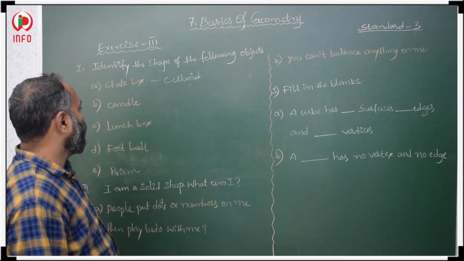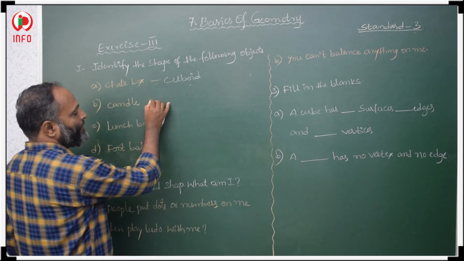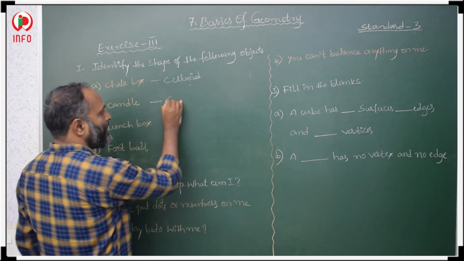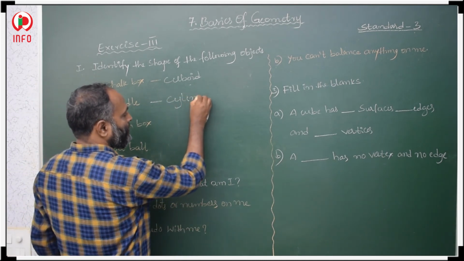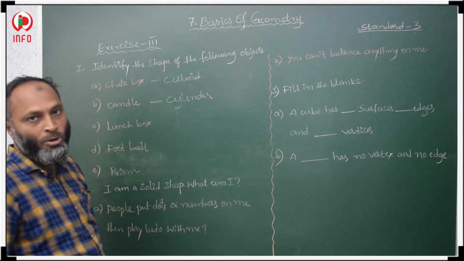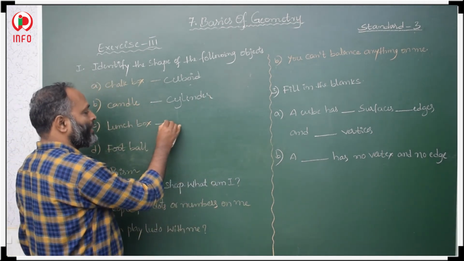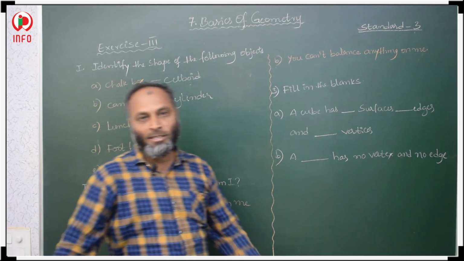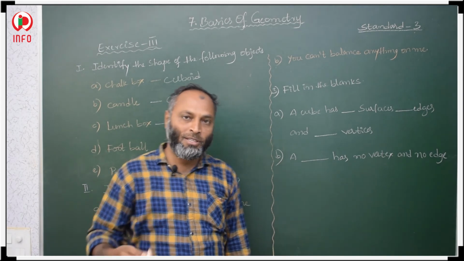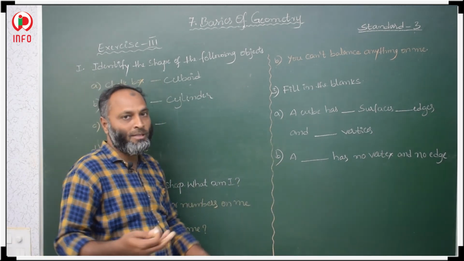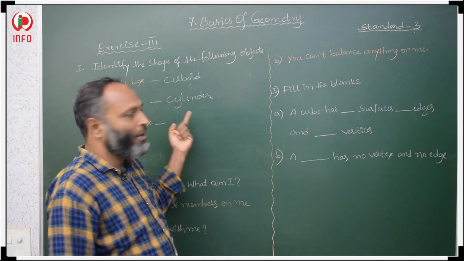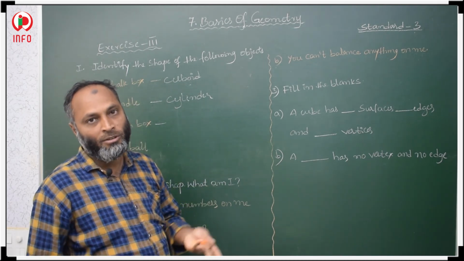Candle: we know this, it is a cylindrical shape. Lunch box: some lunch boxes are cylindrical, some are cuboidal. So first you check what shape you have, whether cylindrical, cuboid or cube, and then write.